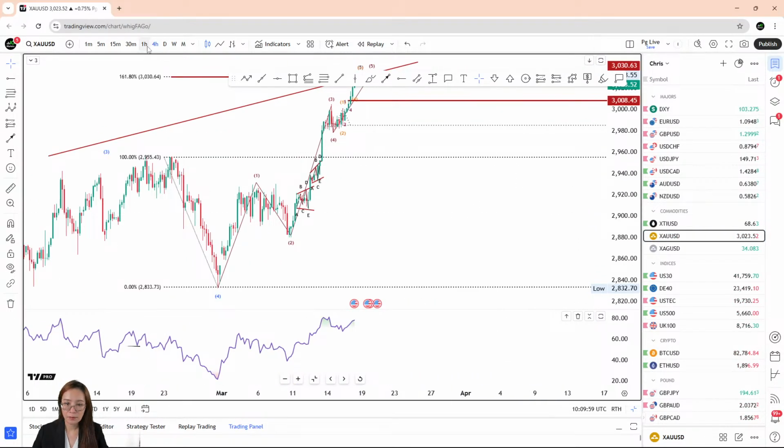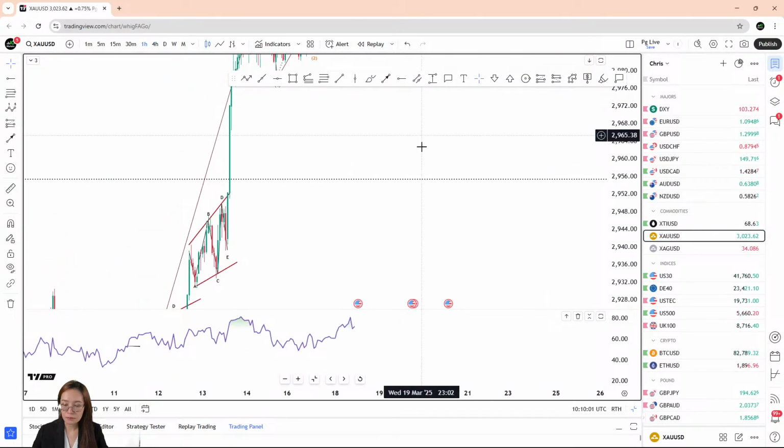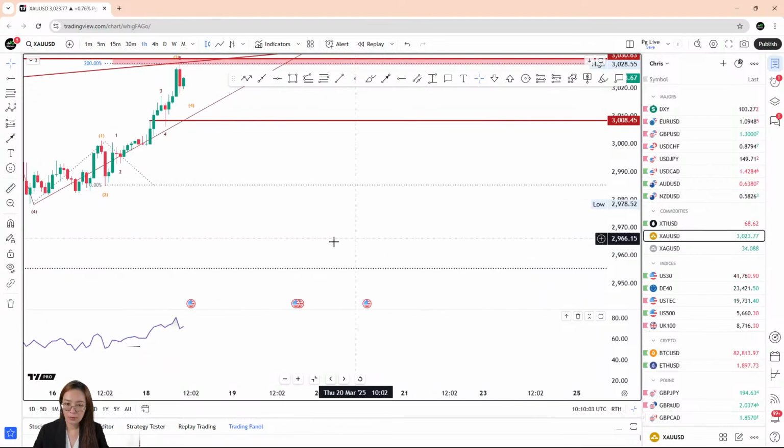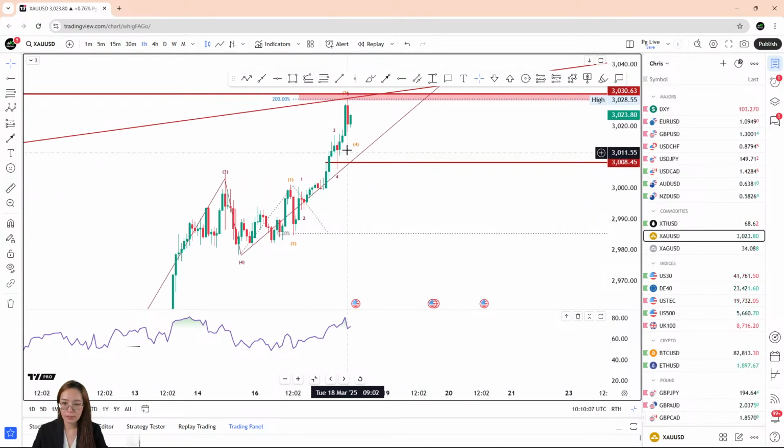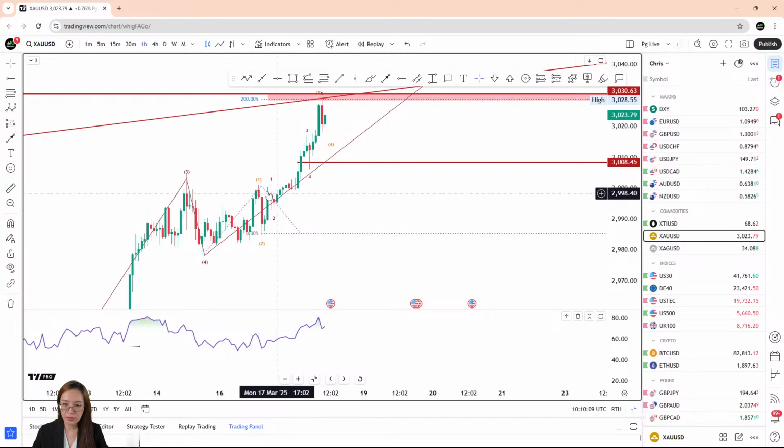Right, for example here. Okay, for example here. Now you see that it's rising already. For example, this is a wave 2, and then you buy. For example, you enter here, right?